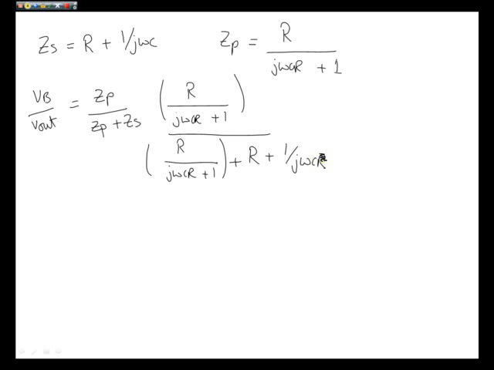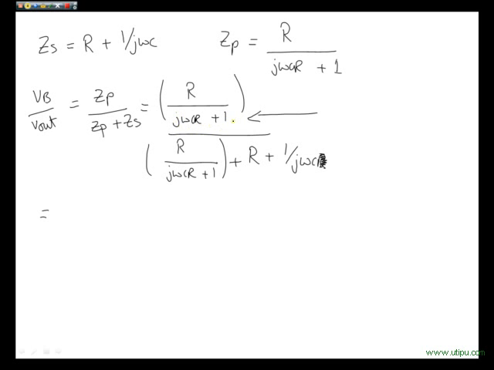Oh, sorry, there's no R there. Got carried away. So there's our expression. What we need to do now is simplify it because this is too complicated. The easiest thing to do here is to spot this denominator here. If we multiply by this whole term, we should be able to simplify the numerator and simplify the denominator. So let's try that.